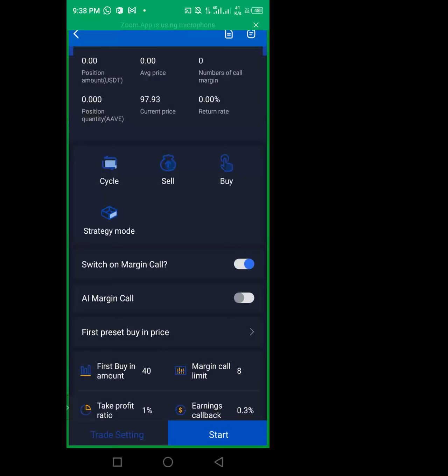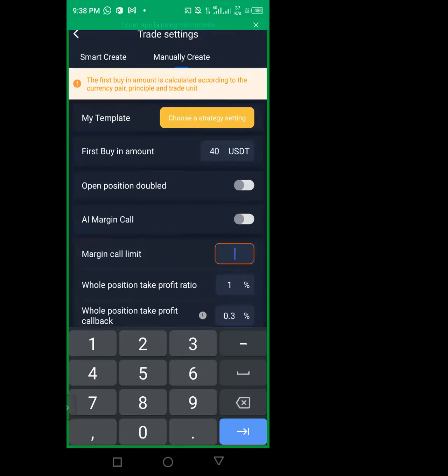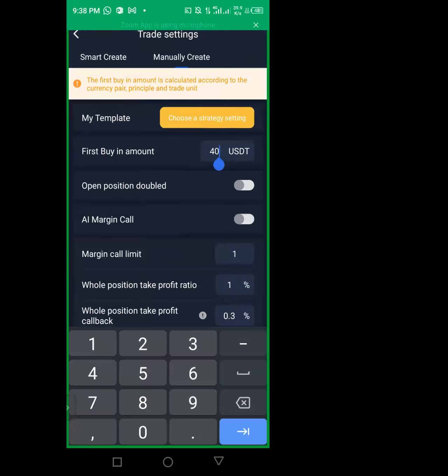For instance, now we set the margin call limit to be 1. Maybe the person has only $50 to start trading. We set the first buy in amount 50.